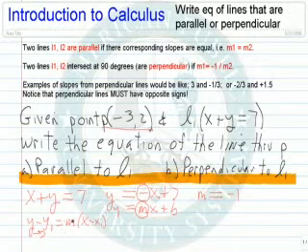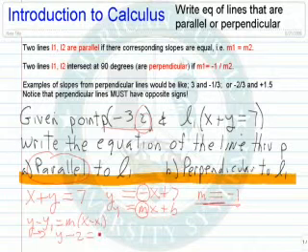From that we can write y minus the y coordinate, which is right here, 2 equals m. Now since we want to be parallel, we want the same slope, so it will be negative 1. So that will be negative 1 times x minus, and our x coordinate is negative 3.